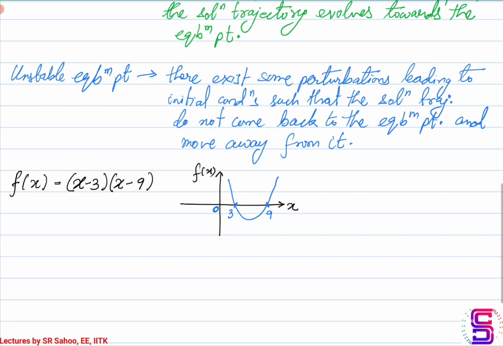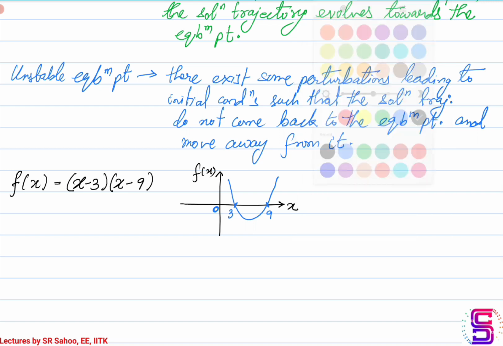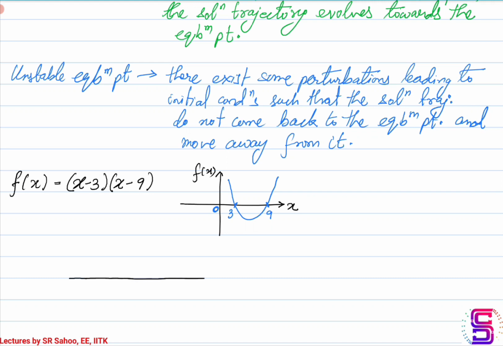So using this information, we can sketch the vector field. So this is the origin. Let's say this is 3 and this is 9.